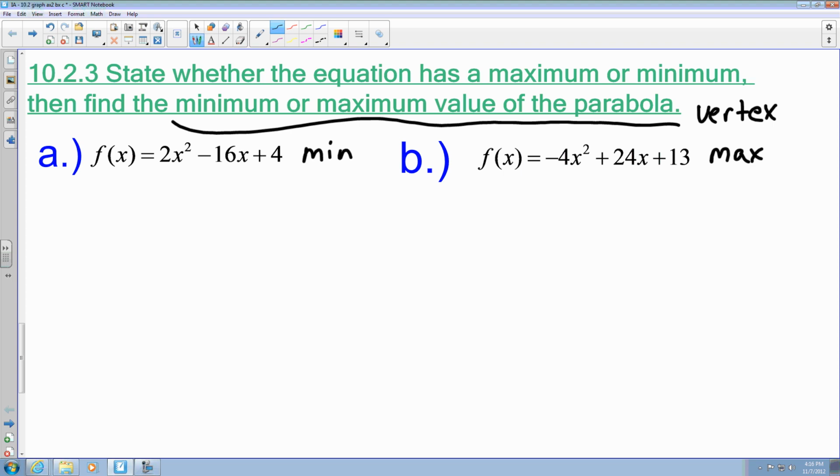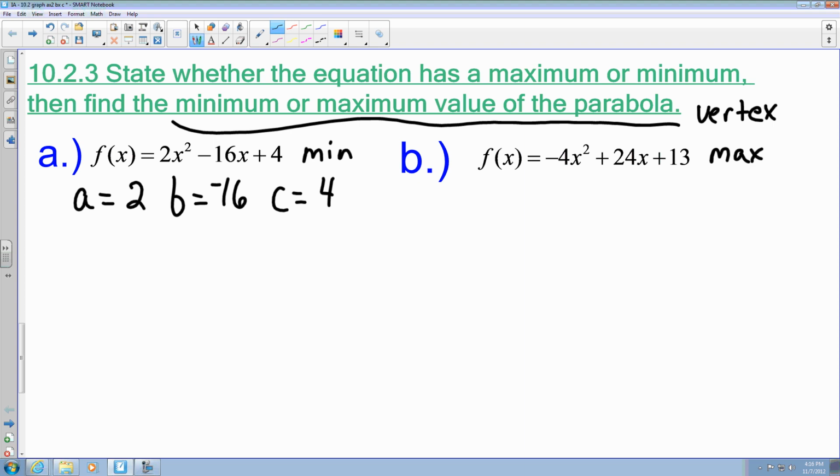So first off, we're going to do just the same thing. I just want to find what my A, B, and C are. A is going to equal 2, B is going to equal negative 16, and C is going to equal 4. Now, as I go into finding the vertex, first I have to find the x value.